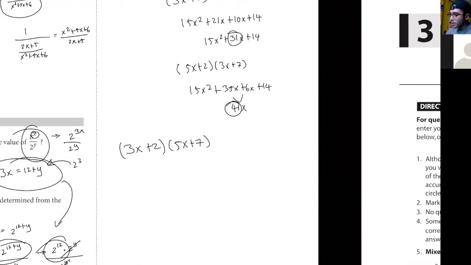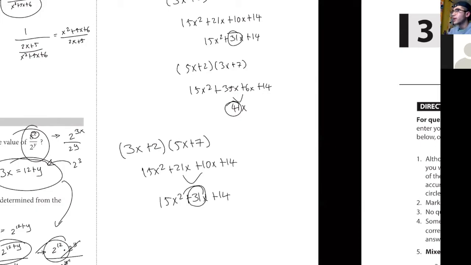How we have quantity 3x plus 2 times quantity 5x plus 7, then we have 15x squared plus 21x plus 10x plus 14. And what you do is add these two together, 15x squared plus 31x plus 14. So that's going to be one of our values for that.